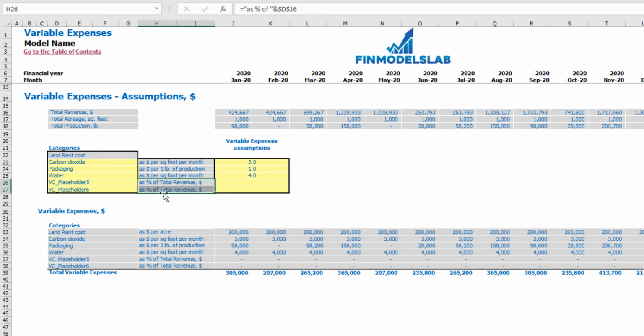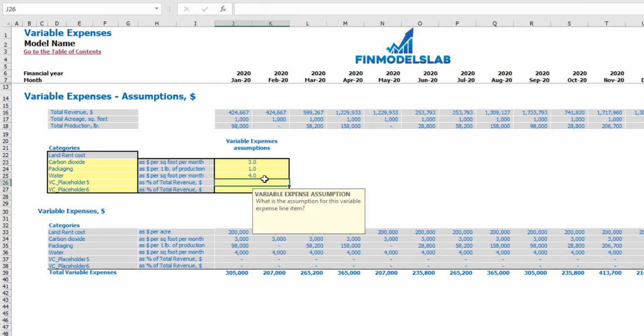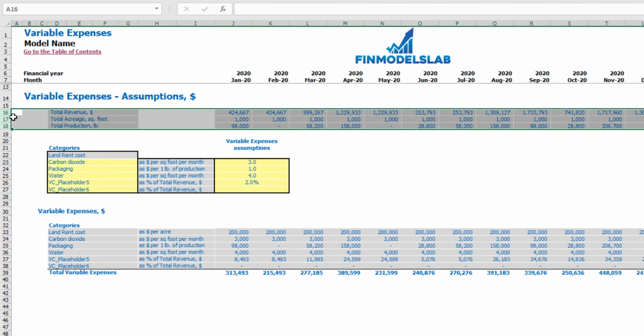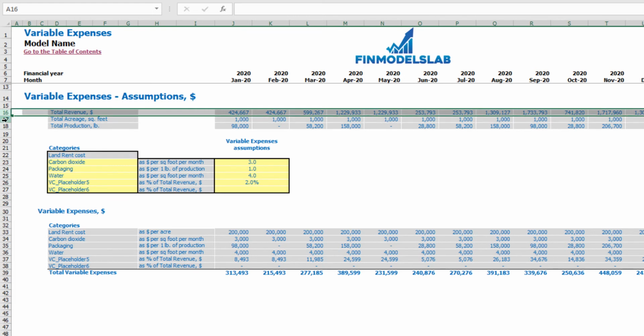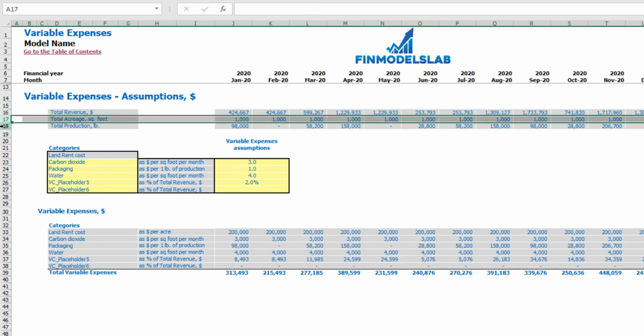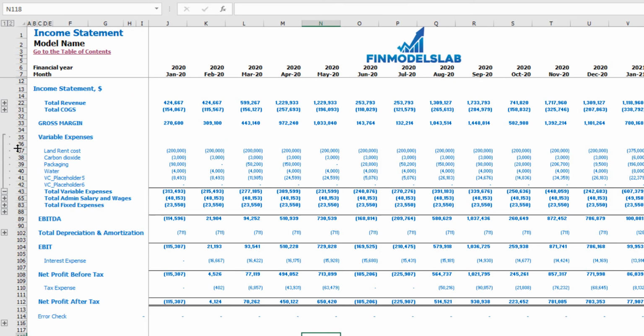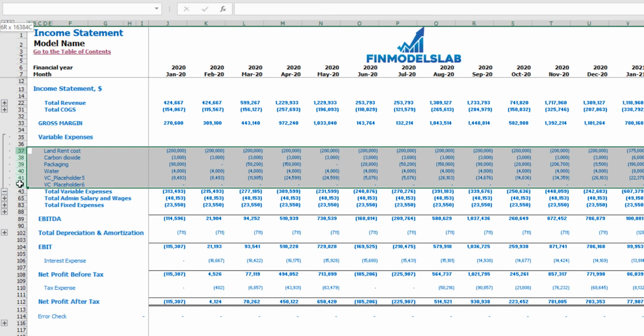And 2 line items for the calculation as a percentage of revenue, for example, 2% of revenue. On the top you have the main drivers, which are total revenue, total acreage, and total production. Below you may find the calculation for these categories by months, and in the income statement under the variable expenses category you may see these values allocated by categories and by months.